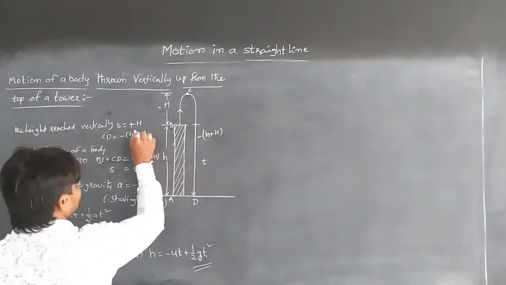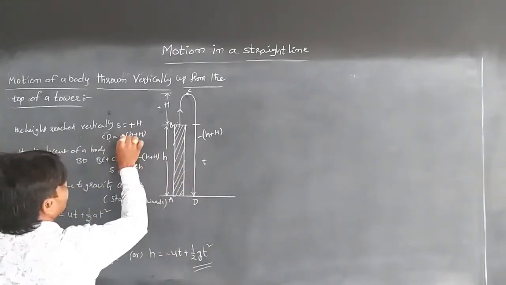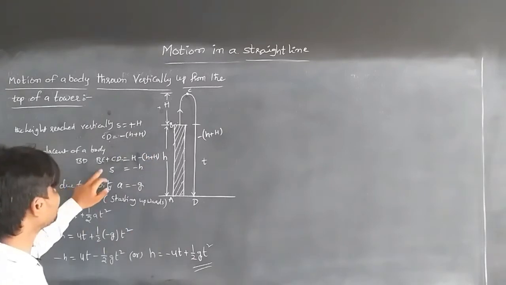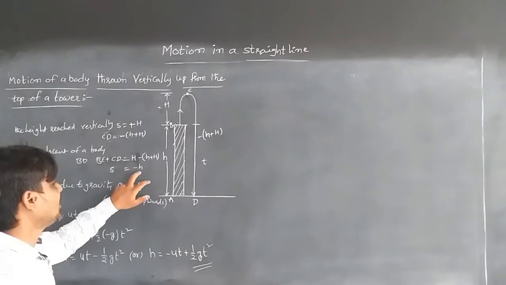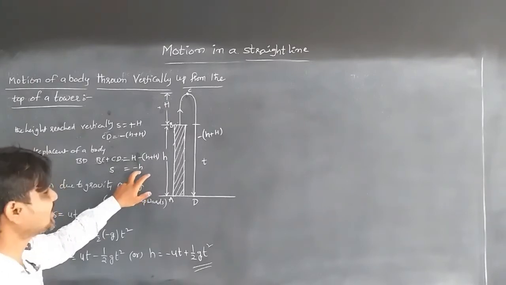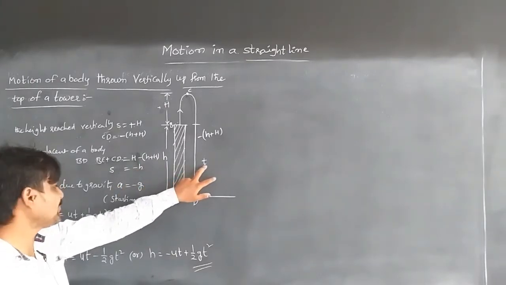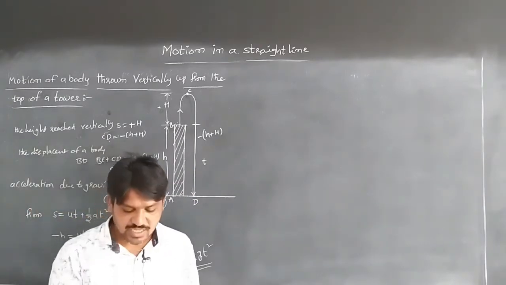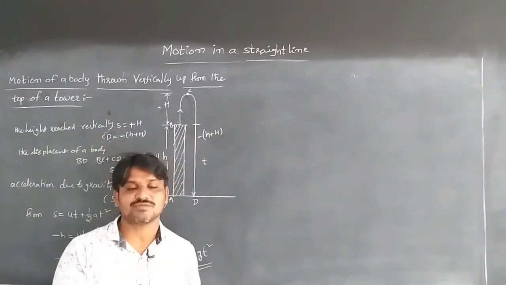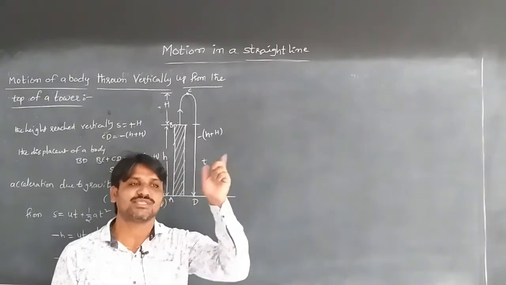So we have taken plus h and CD is equal to minus of h plus h. The net displacement will be h minus of h plus h, so we get minus h, with time taken t, and acceleration due to gravity a equal to small g, because at the starting stage we applied the force in the projected direction.